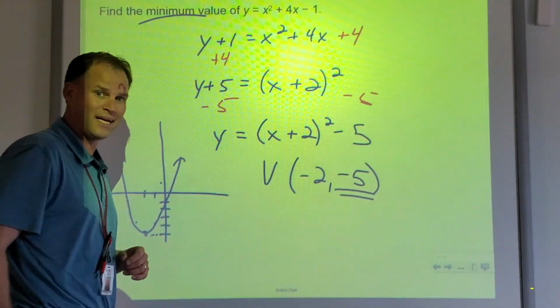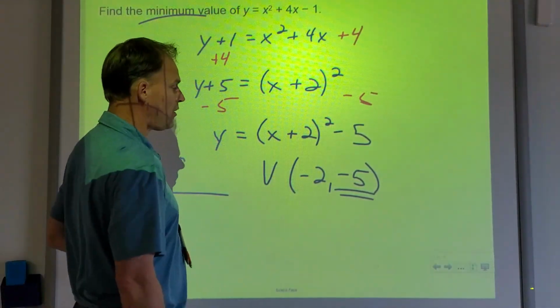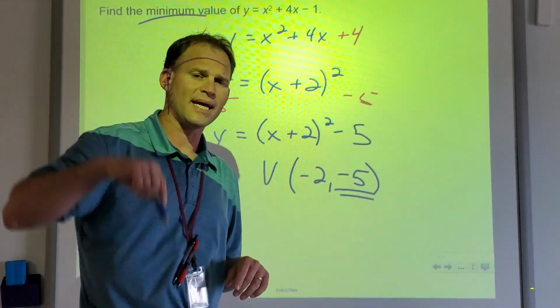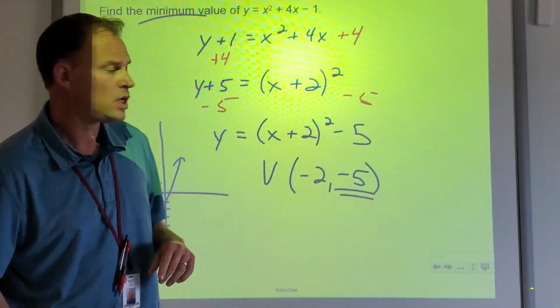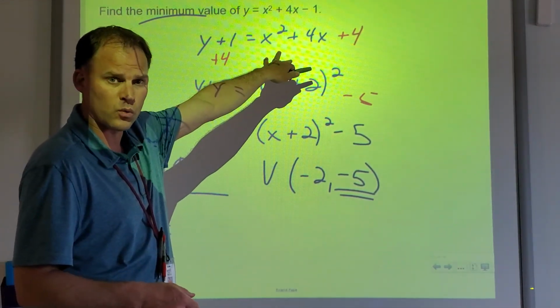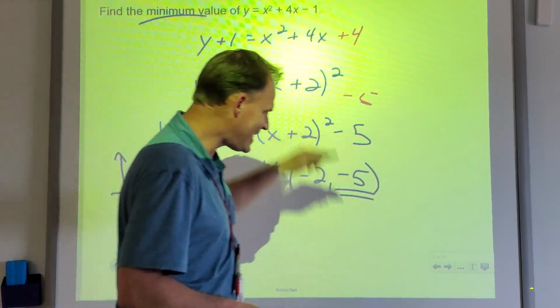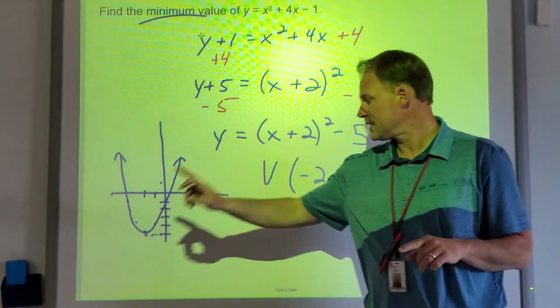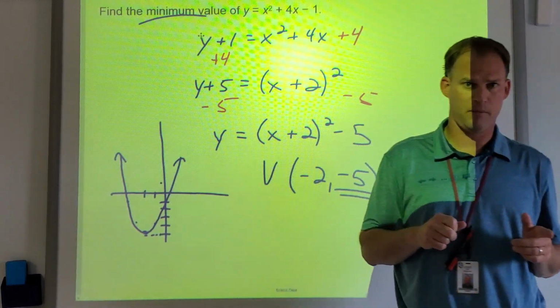That number right there, find the minimum value, -5 is my minimum value. My vertex sets my minimums and maximums. So if I ever ask you for a minimum or maximum, the complete the square method gets you the vertex, and the vertex tells you your minimum and maximum.